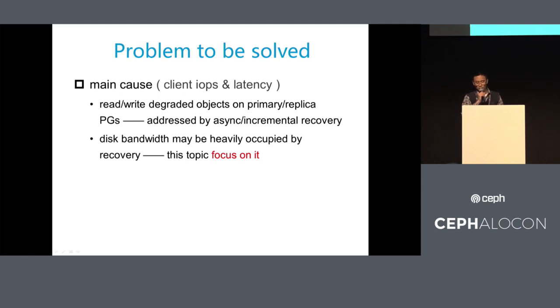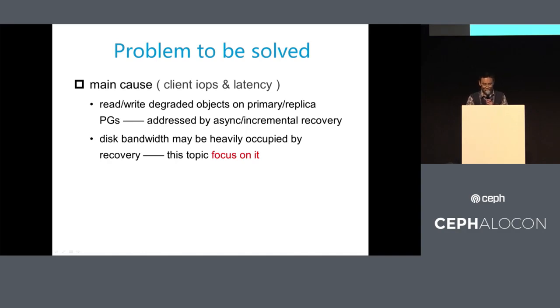Read and write OP will be blocked until the degraded object is recovered, which results in great performance reduction. This is the first cause. Fortunately, it will be solved by single recovery and incremental recovery in the near future.